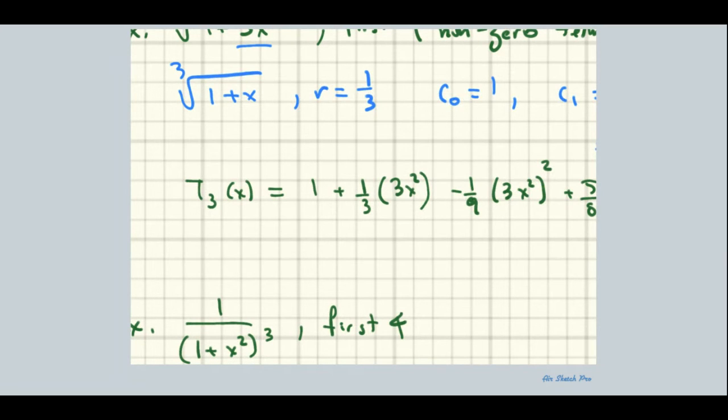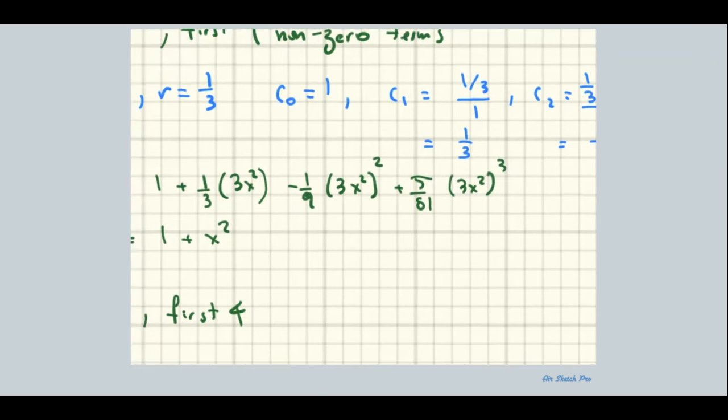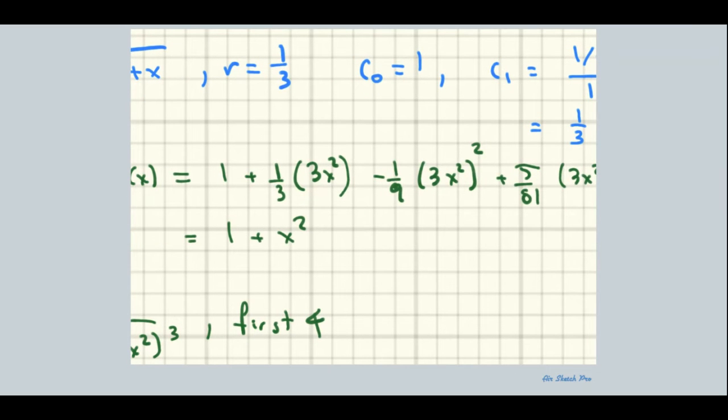T3 of x here is 1. The 3 cancels, I get plus x squared. On the next one, I get a 9 canceling, and I get negative x to the 4th.